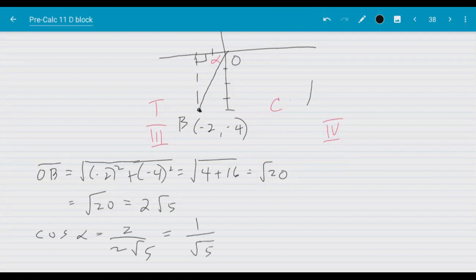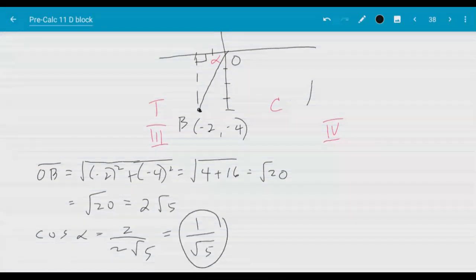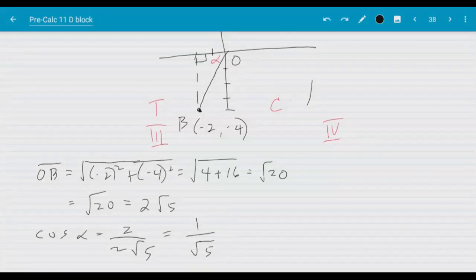Now, mind you, this cosine value is for alpha. That is not for theta. So when we want to get the cosine of theta, we are still going to use the value of 1 over root 5, but we will ask ourselves, okay, our theta terminates in quadrant 3. In quadrant 3, the cosine value is negative. Therefore, the cosine of theta is negative.